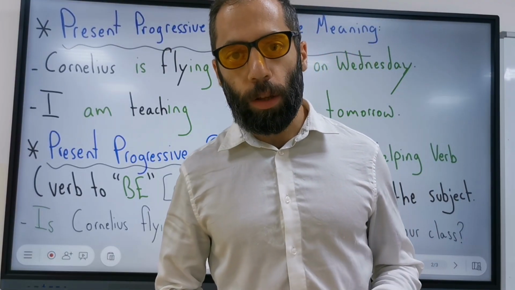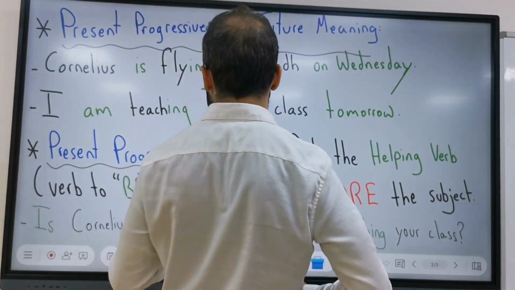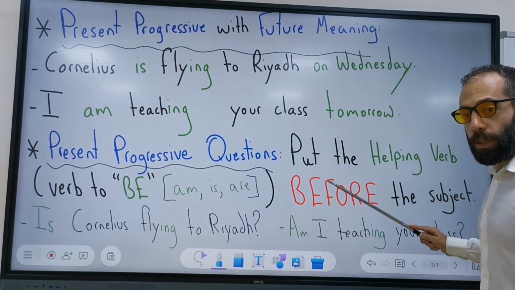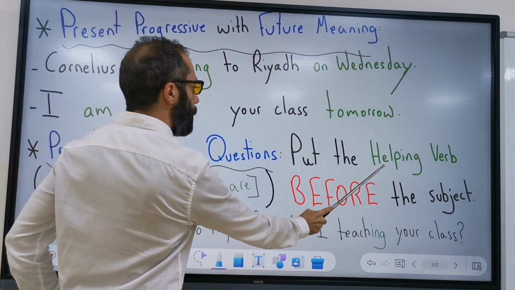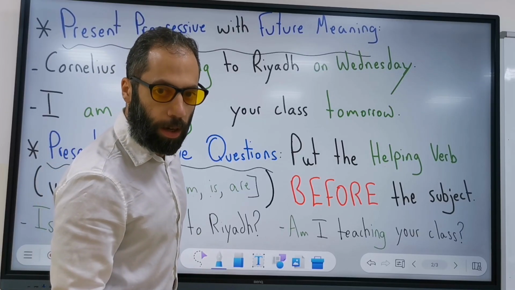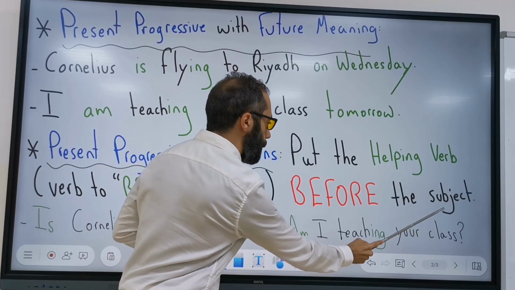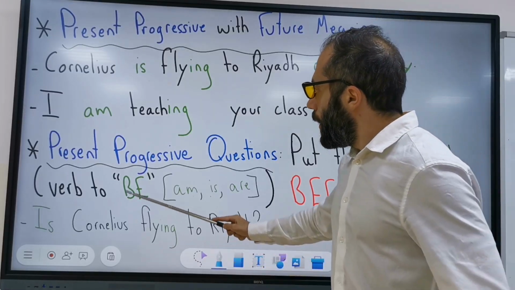So here's how we can use the present progressive as a question. I will put a verb to be, am or is or are, before the subject. So what does this mean? Listen.